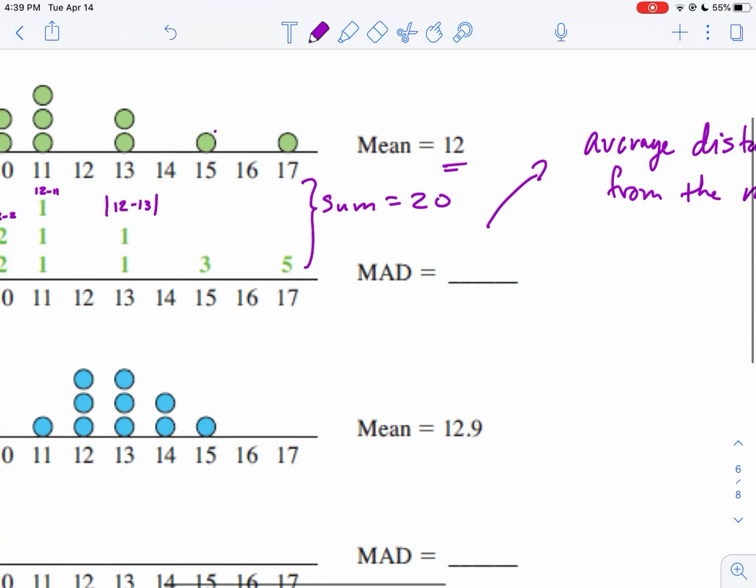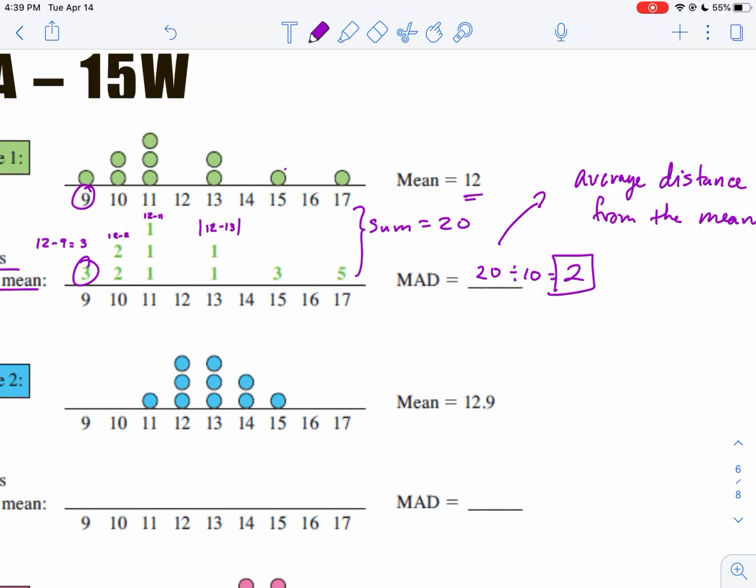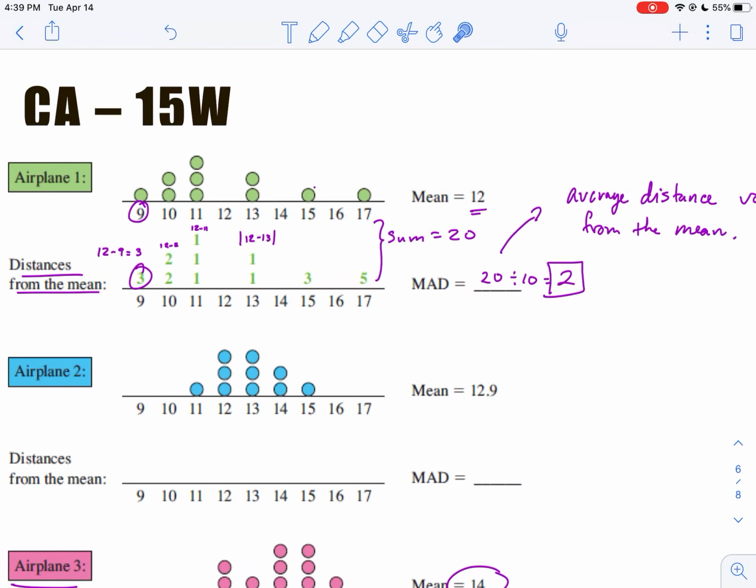So the mean absolute deviation then is 20 divided by 10, which is 2. So that means the average distance that these planes are from the mean is 2. And we can kind of see that. They range roughly from 14 down to 10. Now, not exactly. We've got a few further away, but on average, 14 to 10 catches it pretty closely.